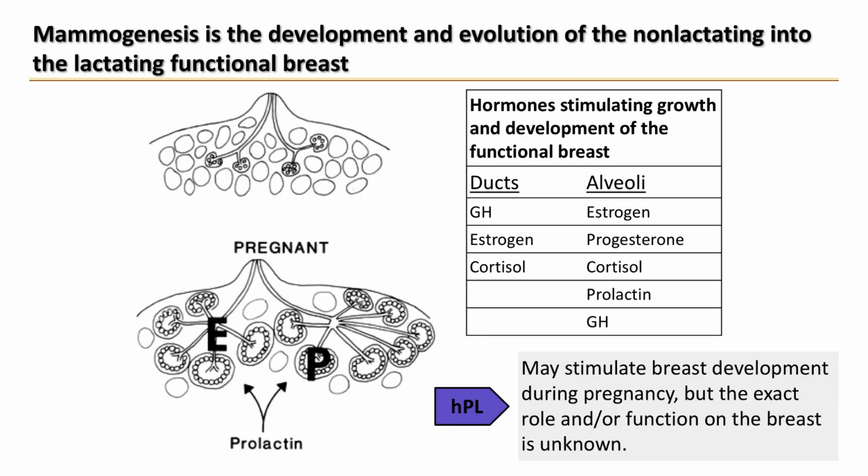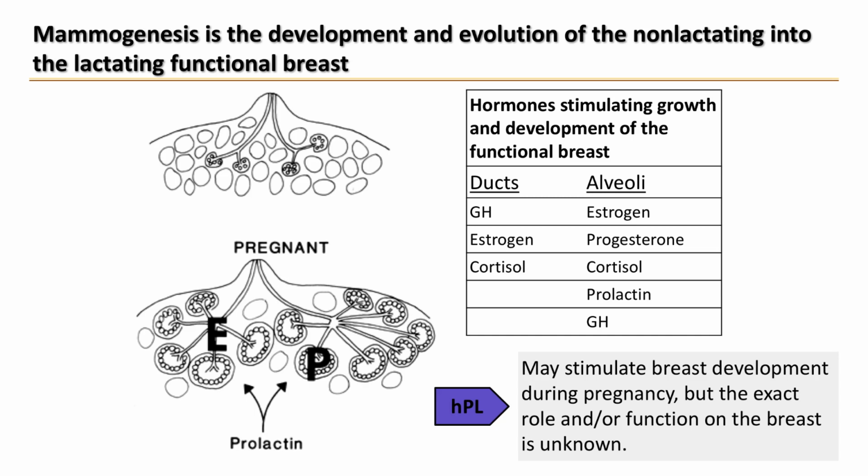So mammogenesis is the development and evolution of the non-lactating into the lactating functional breast. This will be a continuous process for the 9 months of pregnancy. Know here that during pregnancy, estrogen and progesterone are the primary drivers that are going to help develop the breast, with subsequent help from both growth hormone and cortisol, and obviously there's also some function of prolactin helping on the breast.